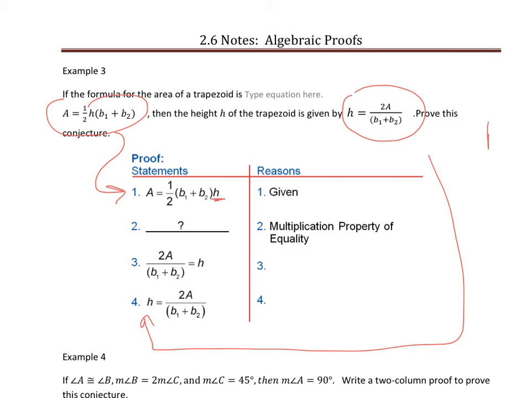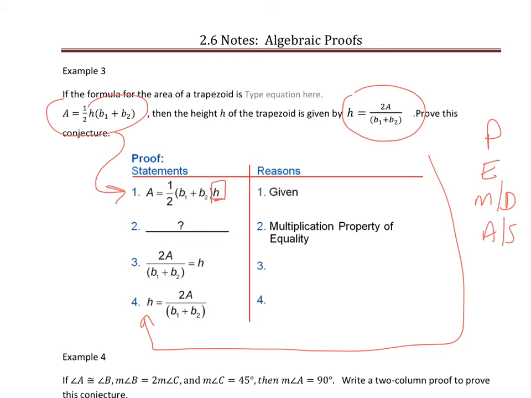So reverse order of operations. What's around our unknown that we're trying to solve for? We're trying to rearrange this equation in terms of the other variables. Well, h is being multiplied by 1/2, and it's being multiplied by the sum of the two bases of the trapezoid. So what could we do to basically undo this division?